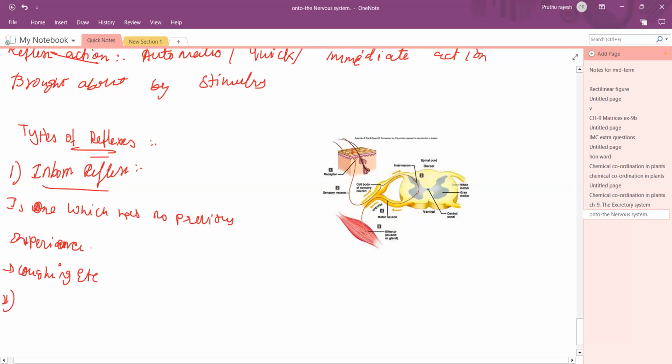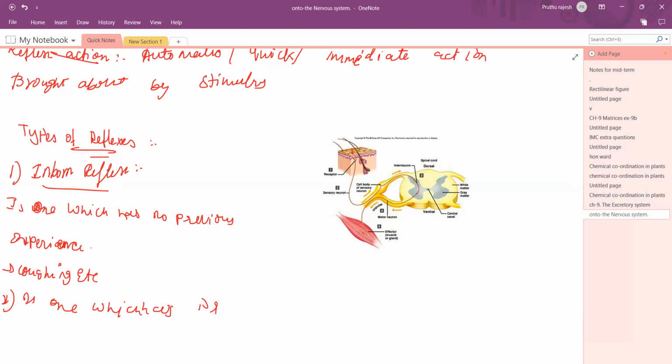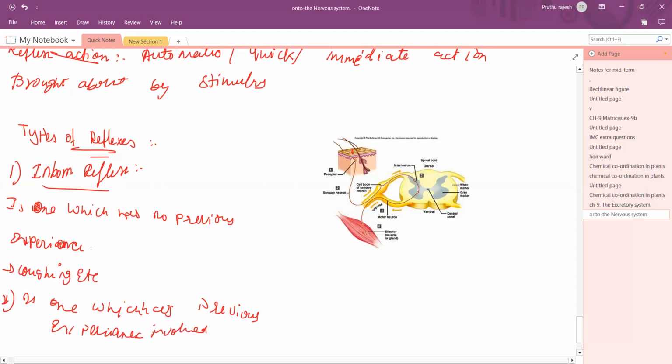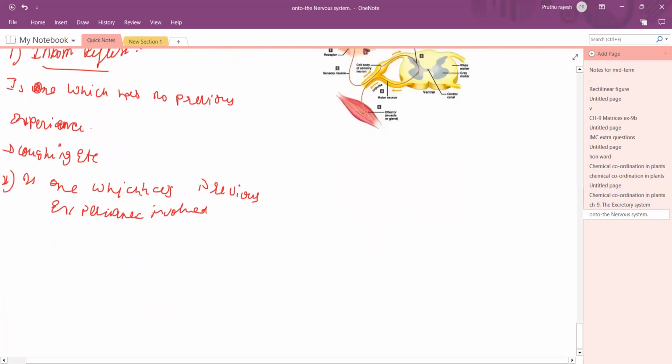Second one is called conditioned reflex. Conditioned reflex is one which has previous experience involved, like tying your shoelace while talking, playing a musical instrument, using keys, giving hand signals, etc., etc., are part of conditioned reflex.